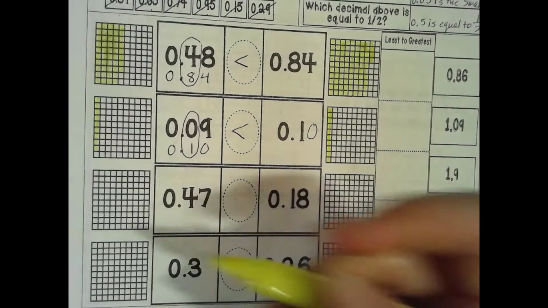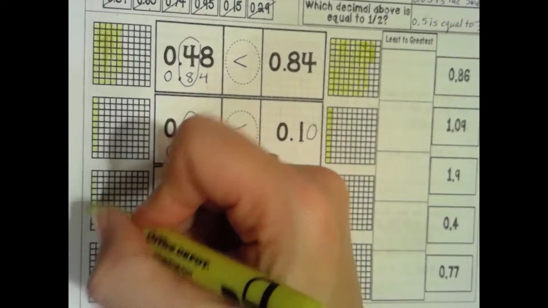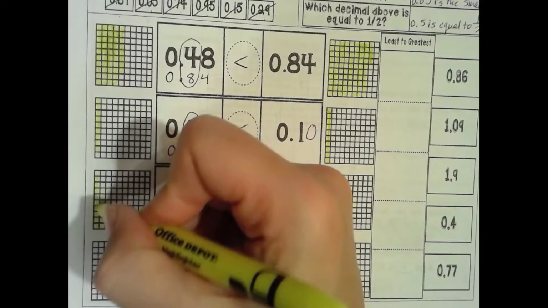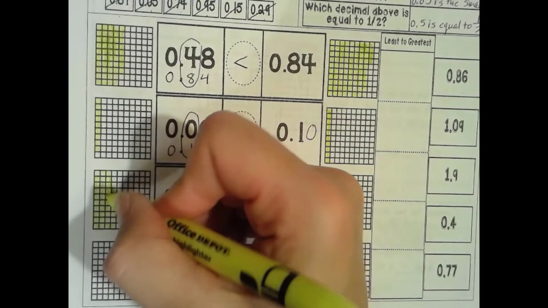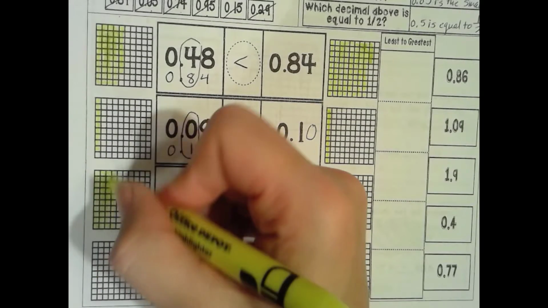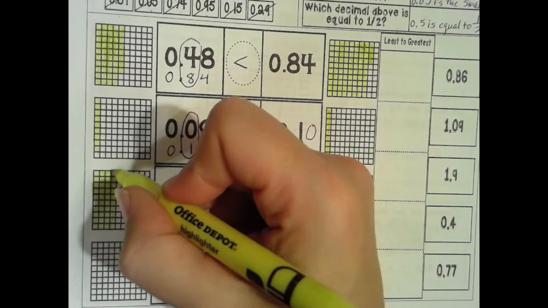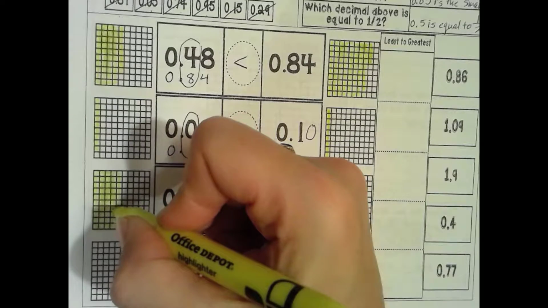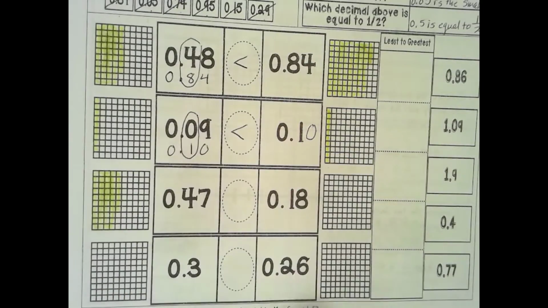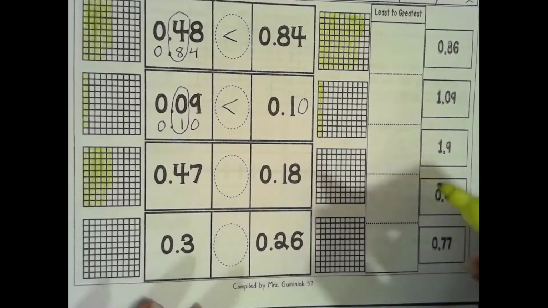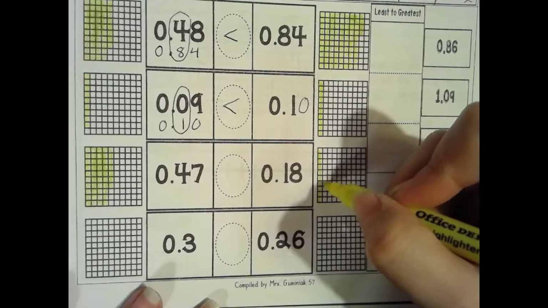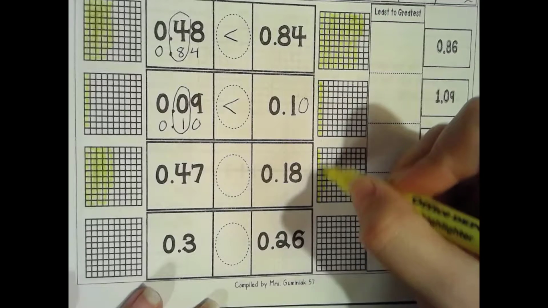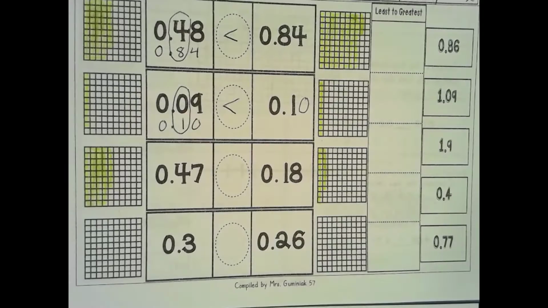Here we have 47 hundredths, so 4/10 and 7 hundredths, and 18 hundredths, 1/10 and 8 hundredths.